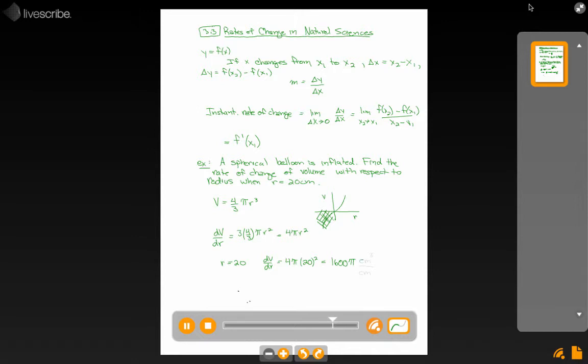Our units here are unusual because our volume is in centimeters cubed and our radius is in centimeters. What that unit is saying is that at that instant where the radius is 20, for every centimeter that you increase the radius, you increase the volume by 1600 pi centimeters cubed.